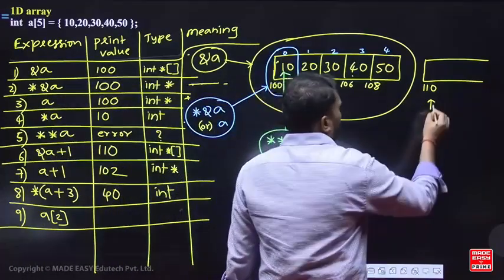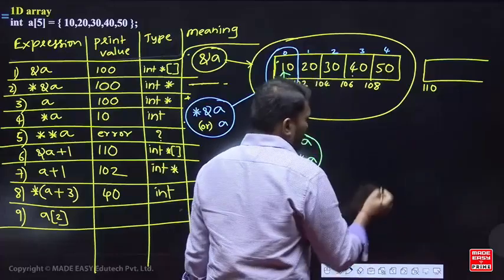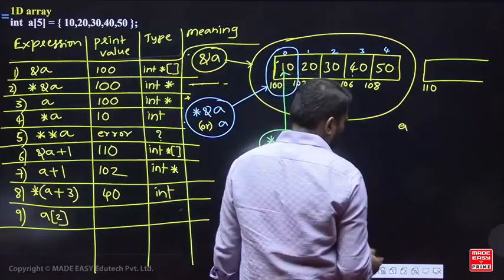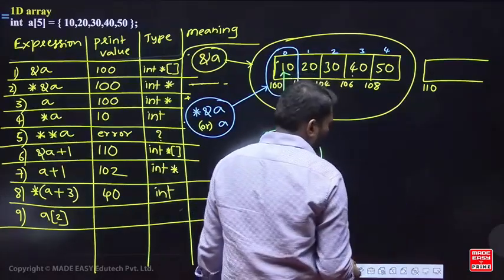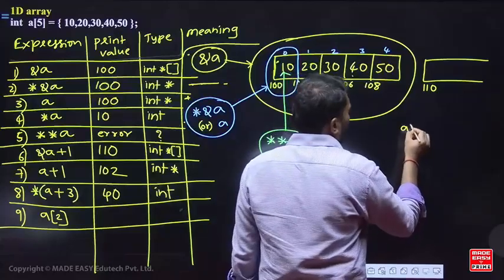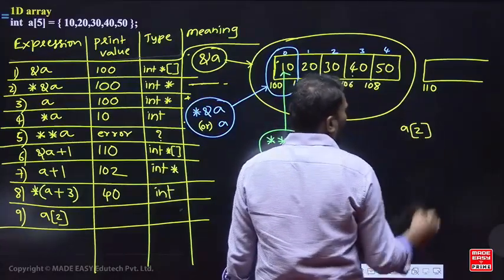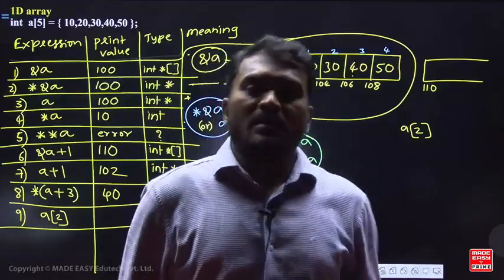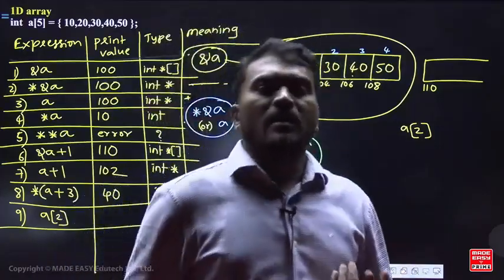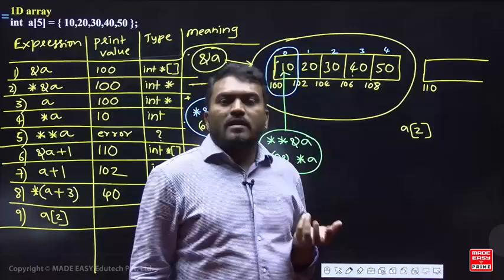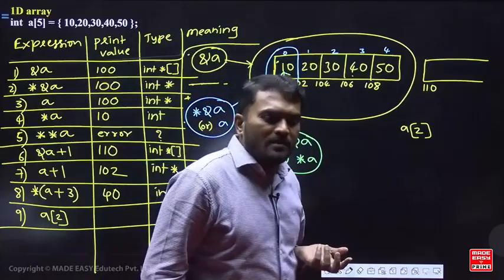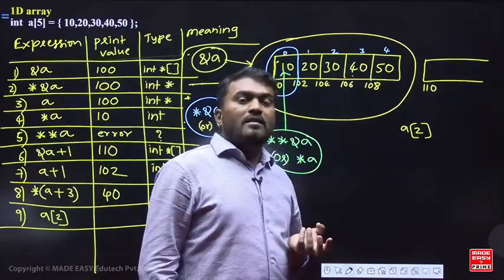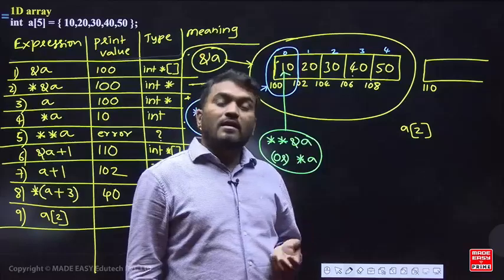So just listen here how a of 2 will be evaluated. When you are writing the program, generally you write in that format a of 2. Remember, internally everything is a pointer only.